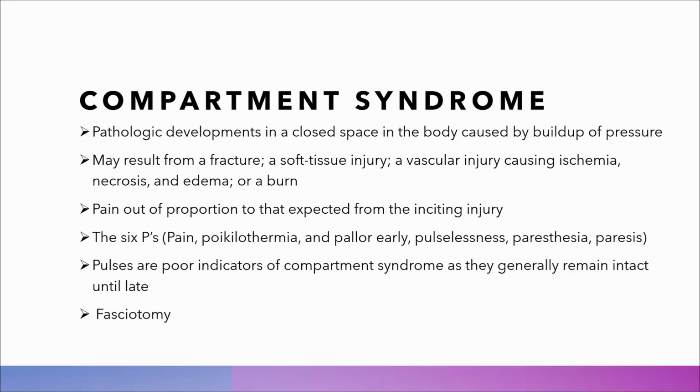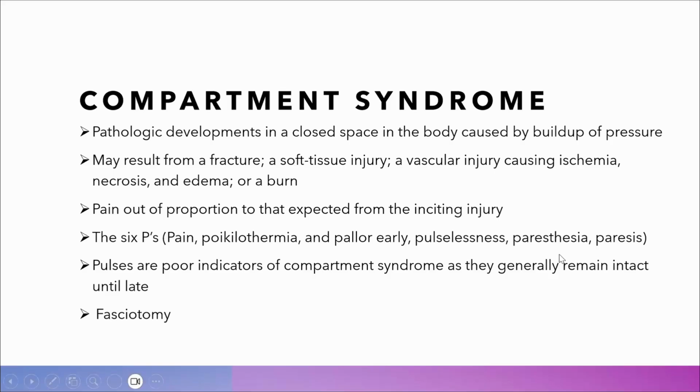Again, another high hit on the test, compartment syndrome. Buildup of pressure inside a closed compartment, most common in the leg, can happen in other compartments, but the most common one is the leg. Pain out of proportion, so severe pain for the trigger that caused the pain. Remember the 6 P's: the pain, the poikilothermia, the pallor, the pulselessness, the paresthesia, and the paralysis.